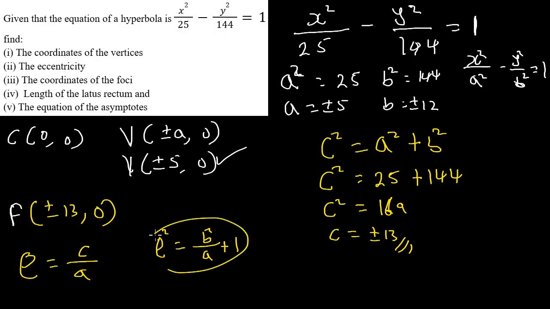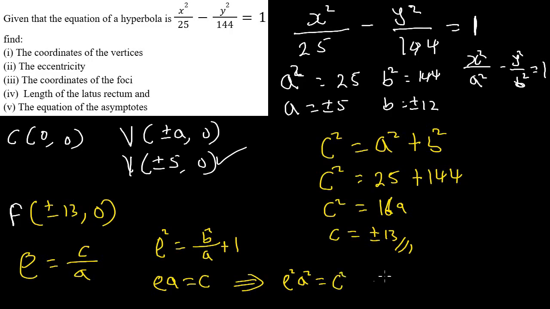So let me show you how they actually end up with this. If we cross multiply, we end up with ea equal to c. But c squared is a squared plus b squared. Now let's square both sides. Upon squaring both sides, e squared a squared should be equal to c squared, and that's when we can replace it with this.